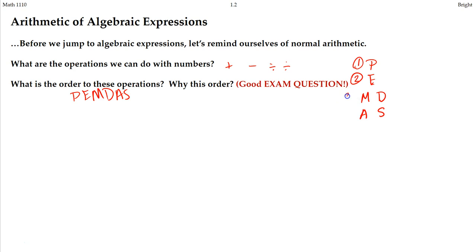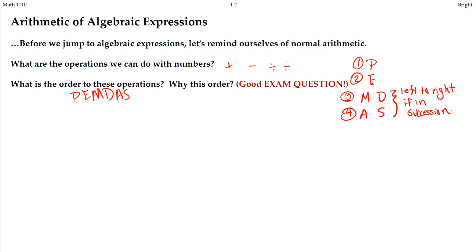And then thirdly, this is where our hierarchy changes just a little bit. Yes, you do multiplication and division, but for both of the third and fourth tiers in this hierarchy, you do them left to right if in succession.